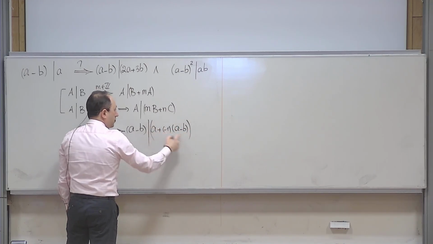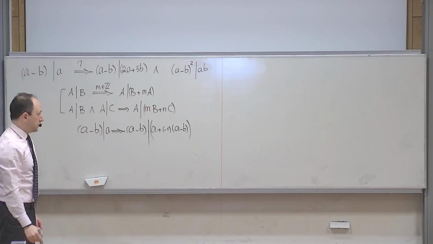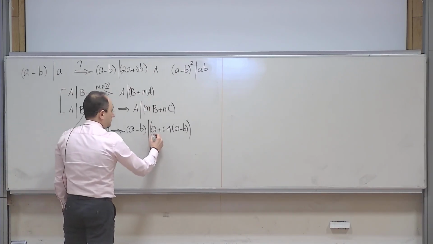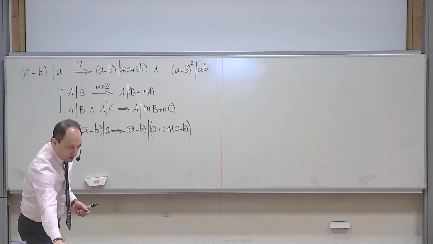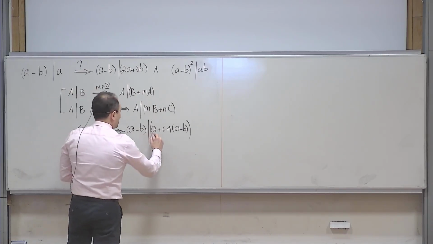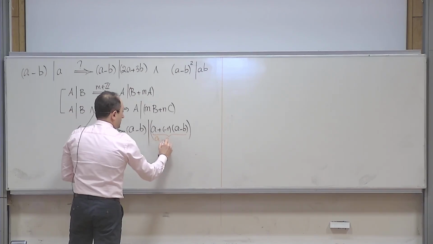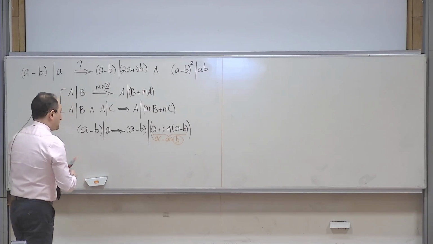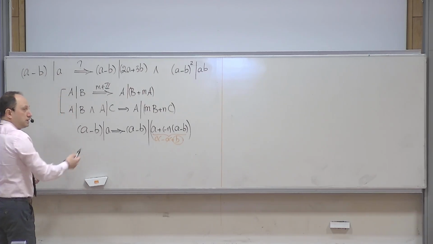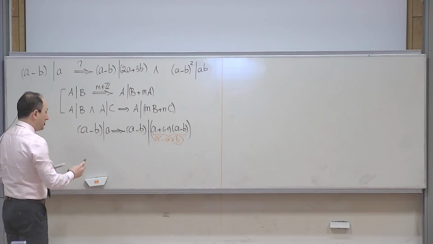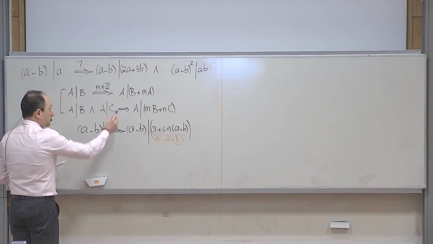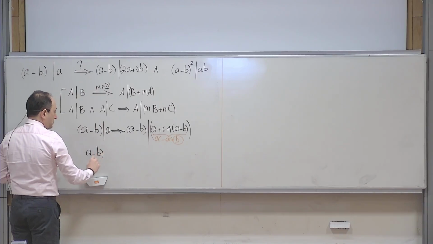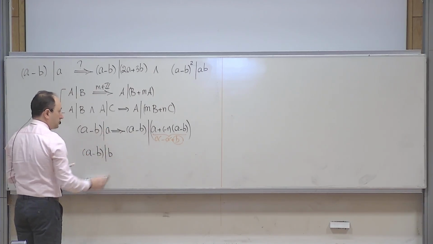It is not hard to see why minus 1 works fine, because this combination is simply a minus a plus b, so these two are gone, and I get b. So if you grant me that a minus b divides a, I can conclude using this theorem that a minus b also divides b.